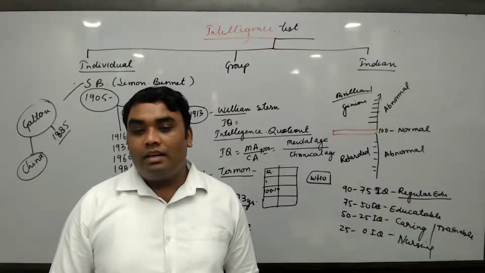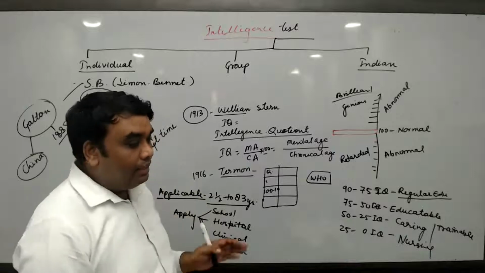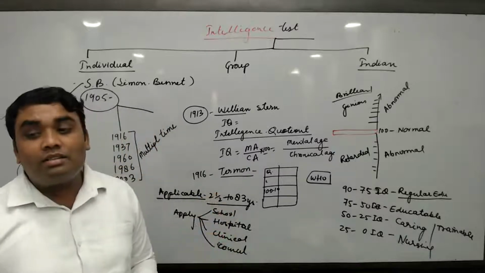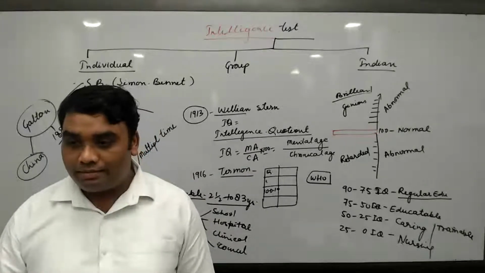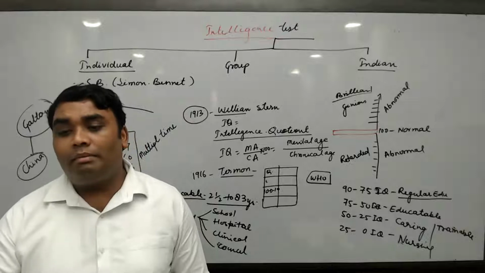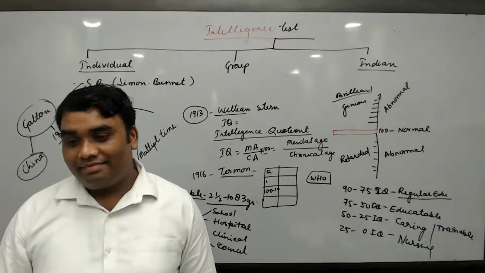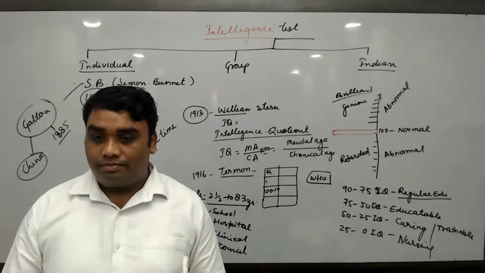I'm saying this test is not applicable to a child below 2 years. That is the first drawback. The second drawback is the child who is 2.5 years: how will we apply it? So this is a drawback.